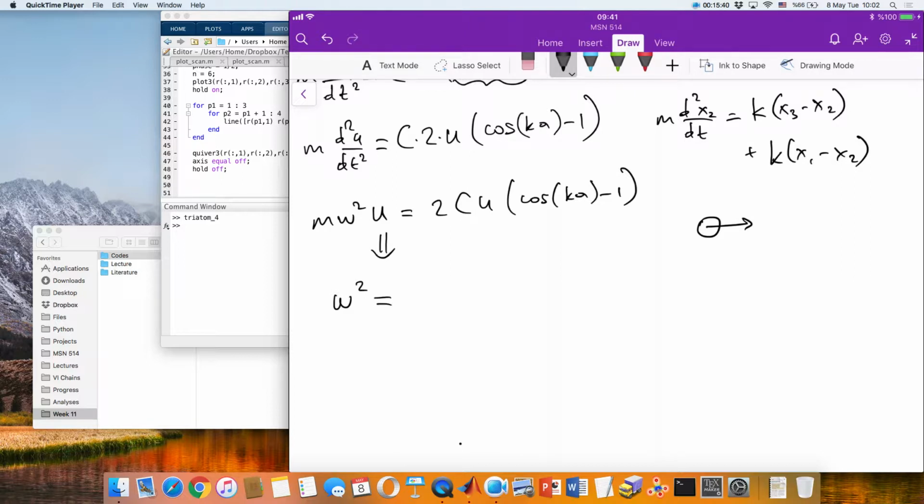Omega squared apparently is equal to 2c over m, cosine ka minus 1. Right? Do you remember these nice trigonometric formulas? Cosine x minus 1. Can it be written? Anyone here that remembers those relationships?